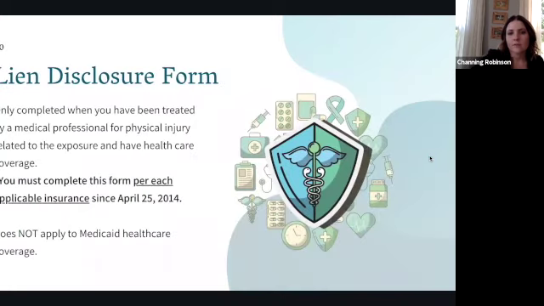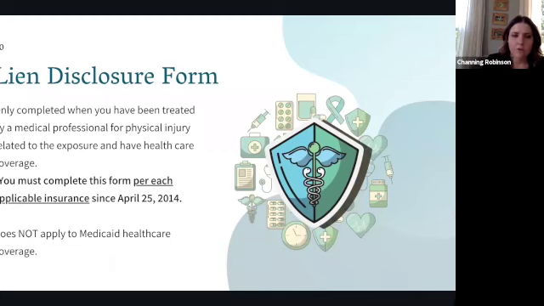Right, the next form is the lien disclosure form. Now, this is something that you may not have to complete. Okay, you only complete this form if you've been treated by a medical professional for a physical injury related to exposure to the Flint water crisis and have healthcare coverage.